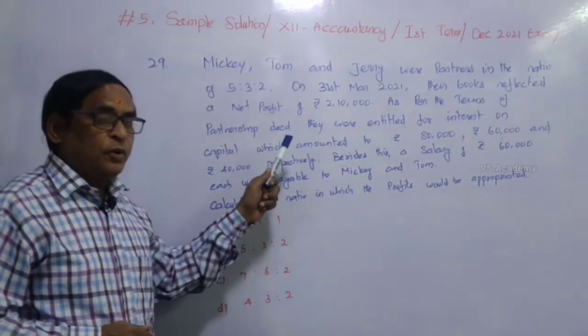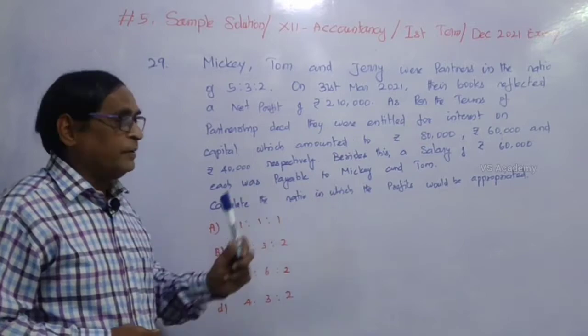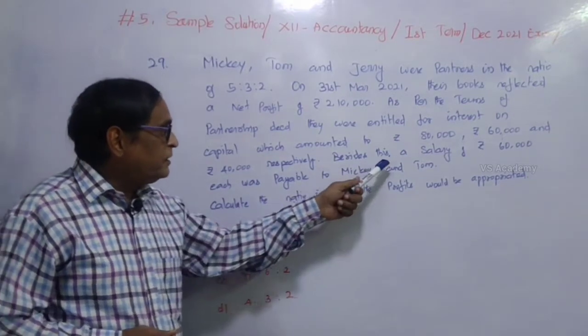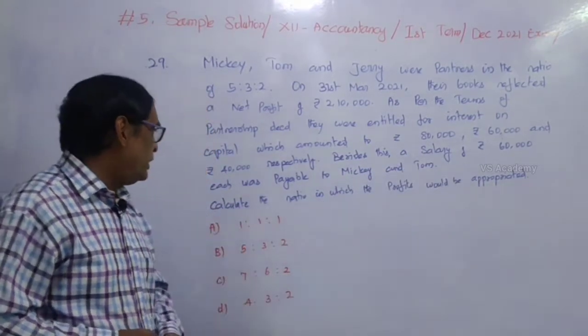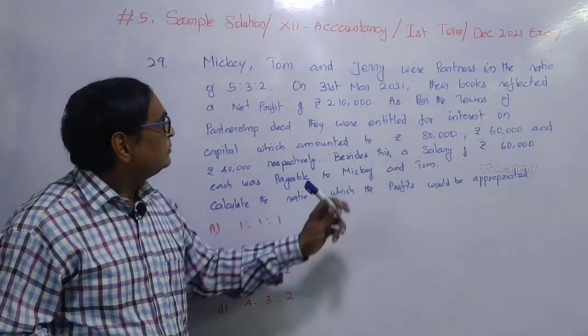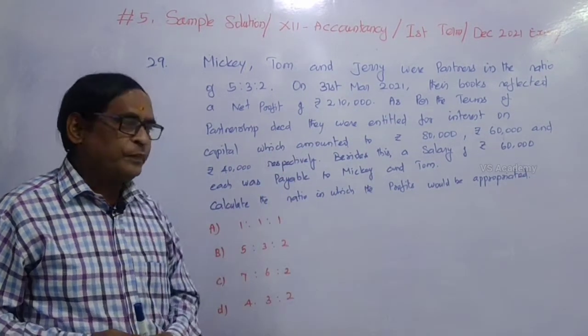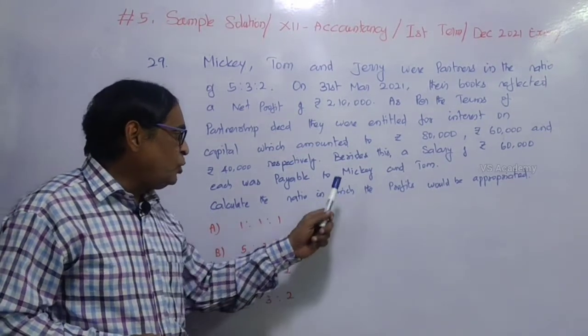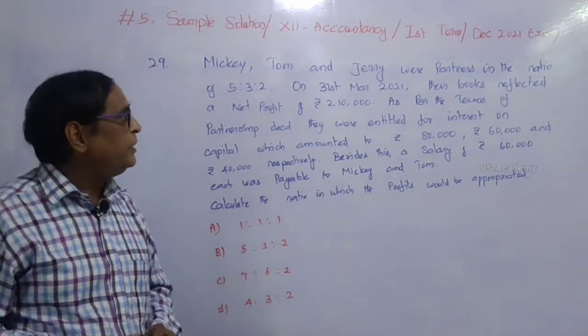But the capital account is not given, the interest on capital is given. Besides, a salary of rupees 60,000 each was payable to Mickey and Tom. There is no salary to Jerry. So calculate the ratio in which the profits would be appropriated.